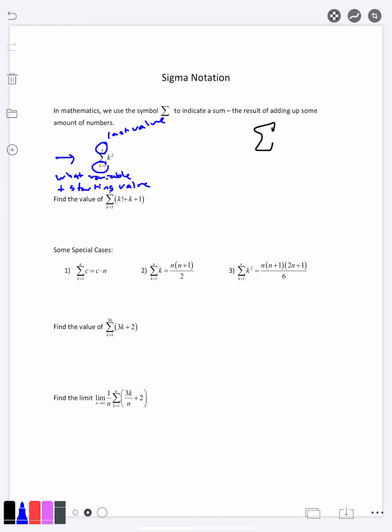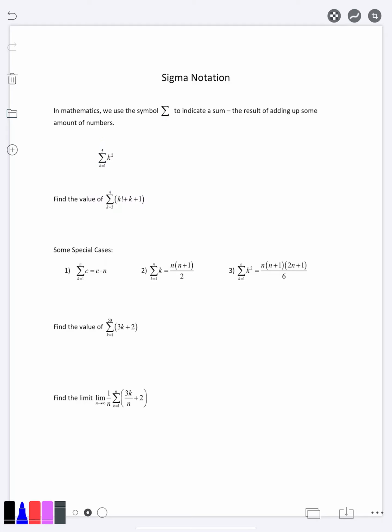So in this case, the last value is 5. And then the part on the right of the symbol is what you are adding. So in this case, we're adding up k squared.